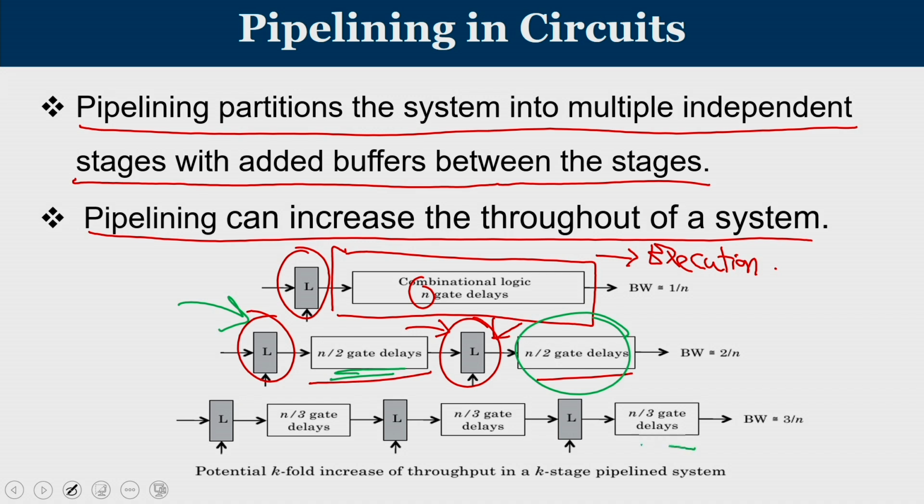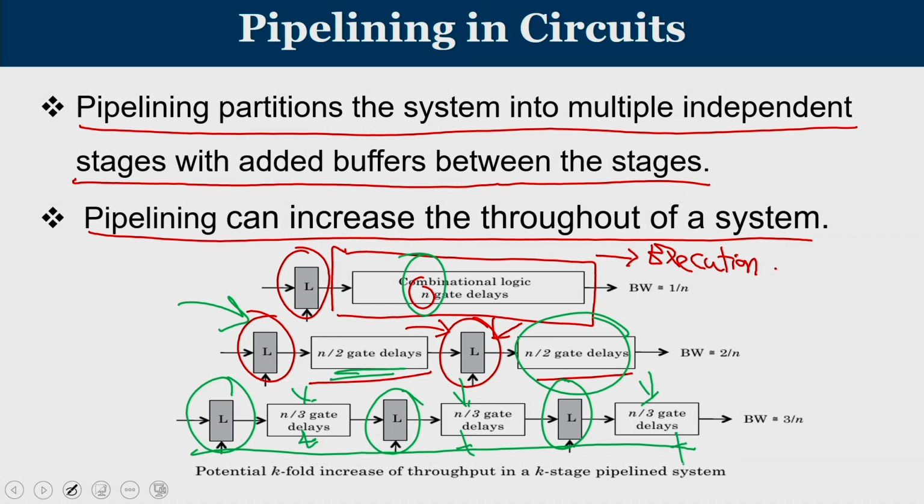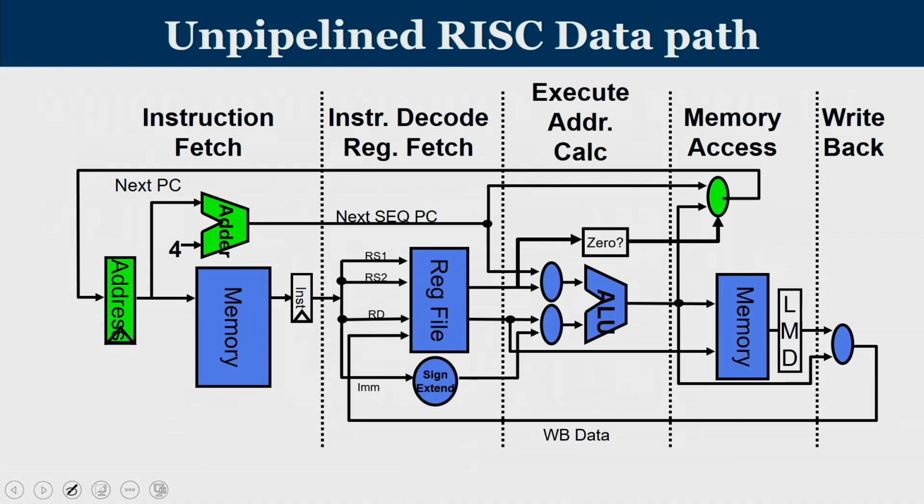Similarly, I can divide further also, and this whole approach of dividing the actual circuit, which was n logic gates, into smaller subcomponents and trying to interface with them with latches is called pipelining inside the circuits. Essentially, this is the same thing we are going to look into. Can I divide my entire execution into smaller components like instruction fetch, instruction decode, execute, like that.